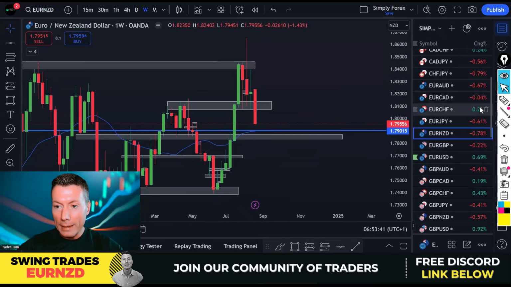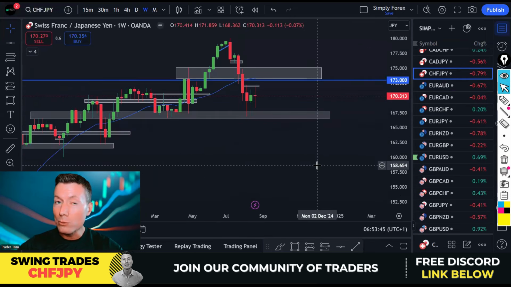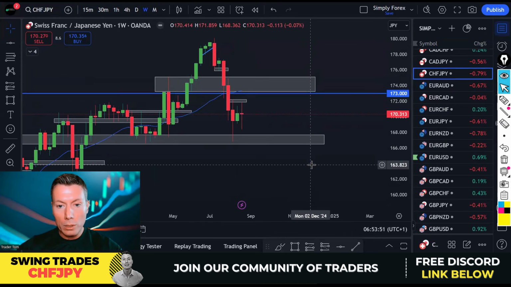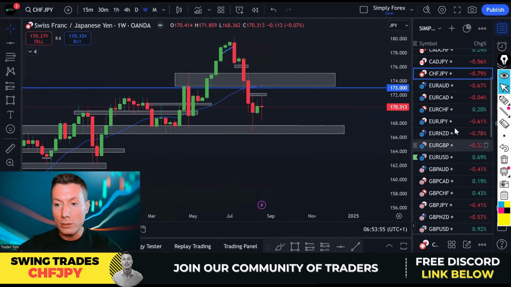There's more. Swiss franc yen. So we looked at pound yen earlier and yen weakness with pound strength, obviously. But I also like this Swiss franc yen for buyers as well, right? Now, this is still in an uptrend for me, right? If we just look at structure, that's the structure. Okay, so we haven't broken these lows.